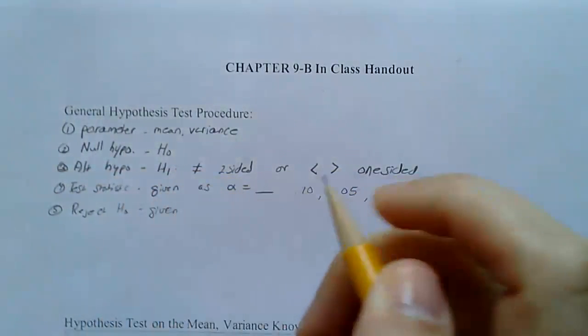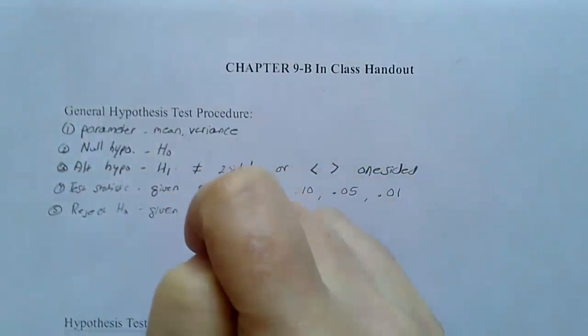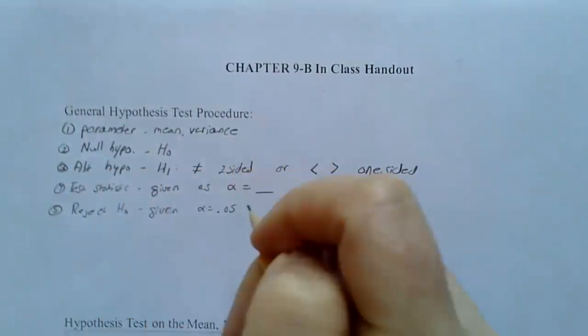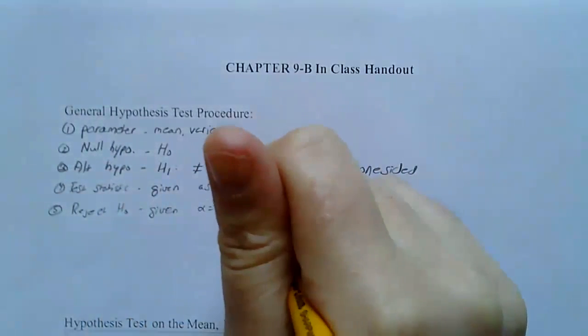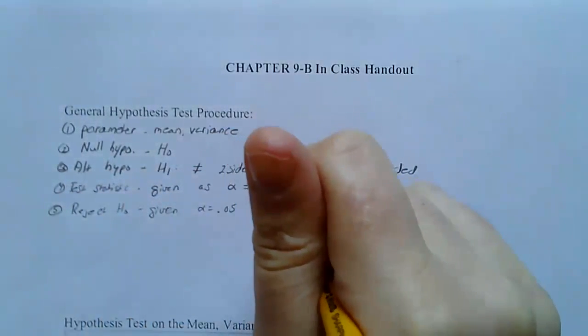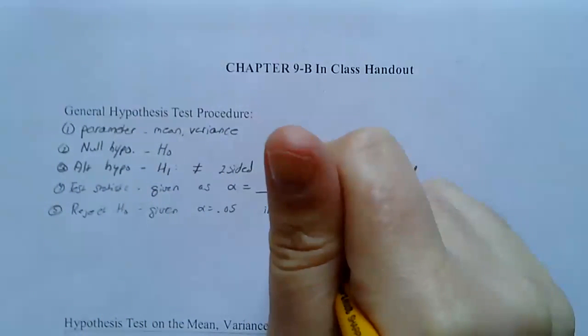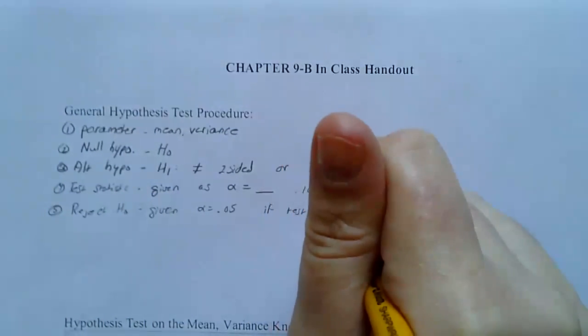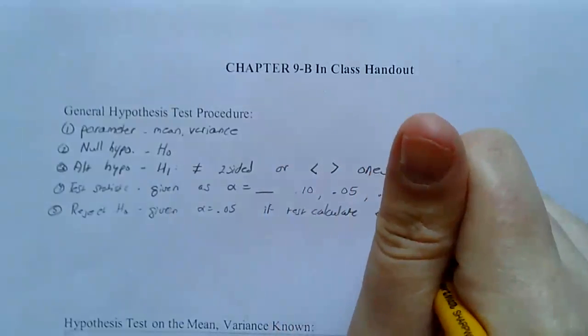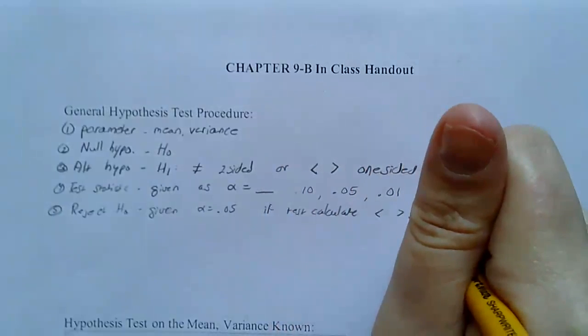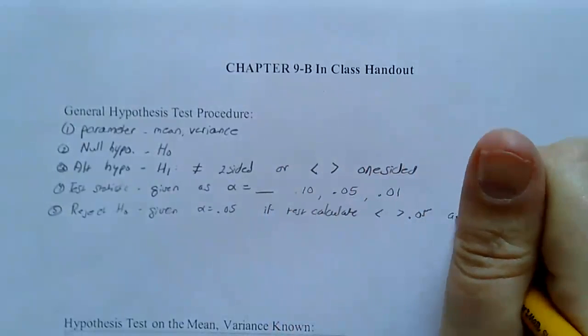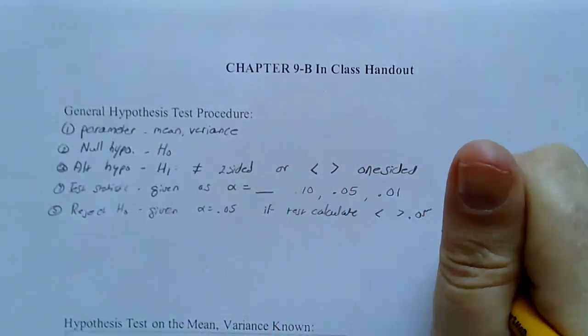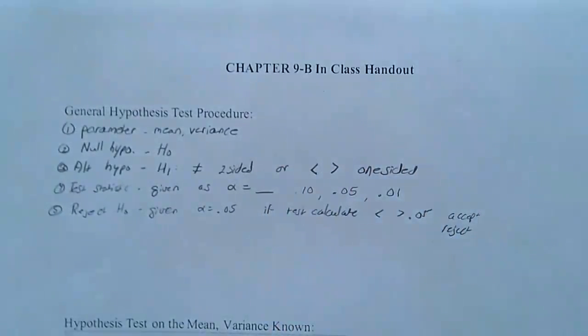So if we have a significance value equal to 0.05, if the value that you calculate is less than or greater than 0.05, you're either going to accept or reject accordingly. So knowing the test statistic and then the criteria, those two go together.